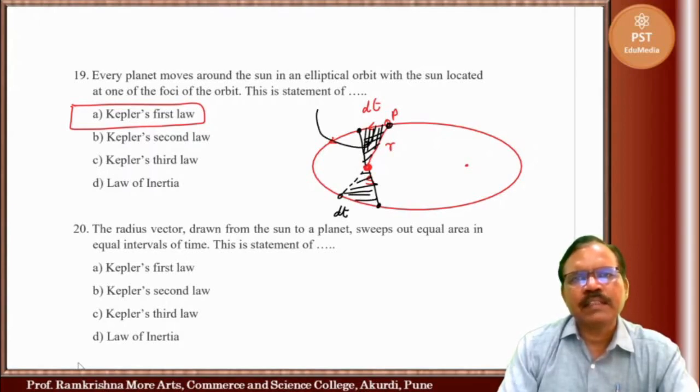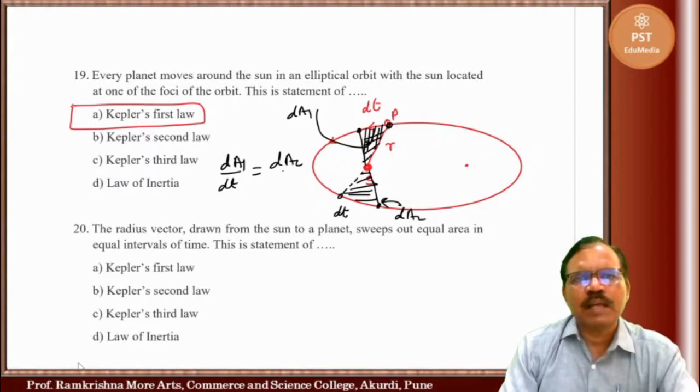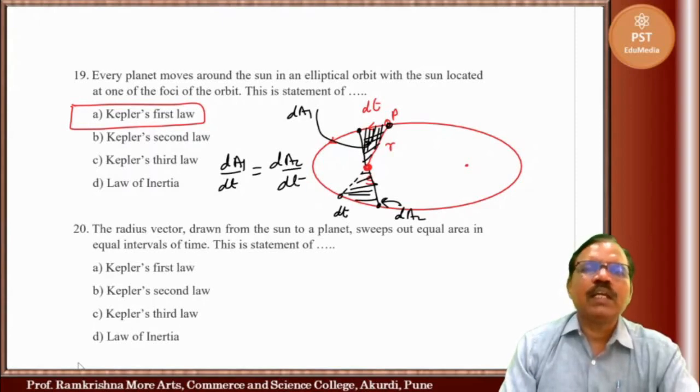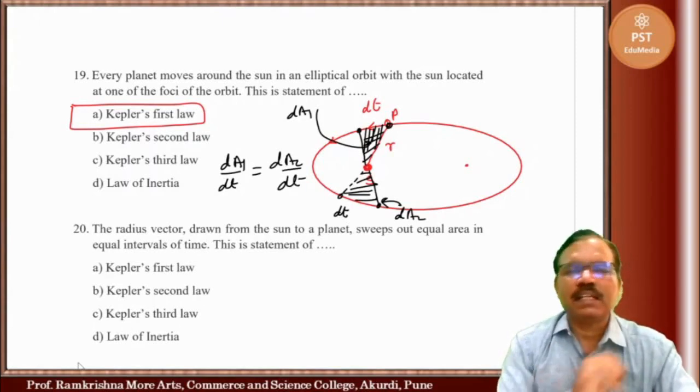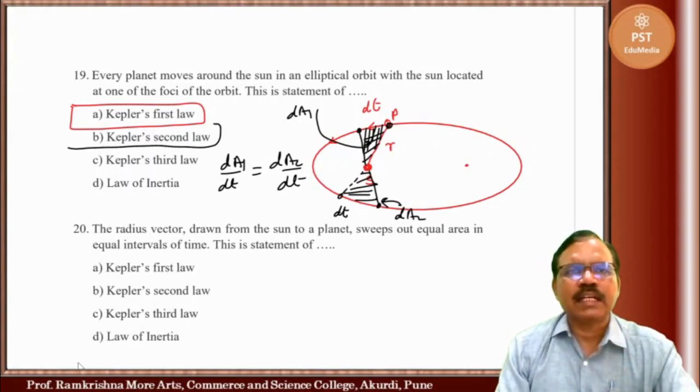So if we take this area as dA1, this as dA2, you will observe that dA1 by dt will be equal to dA2 by dt. So equal areas are swept in equal intervals of time, and this is called Kepler's second law.